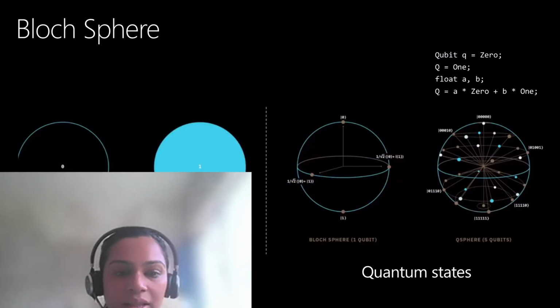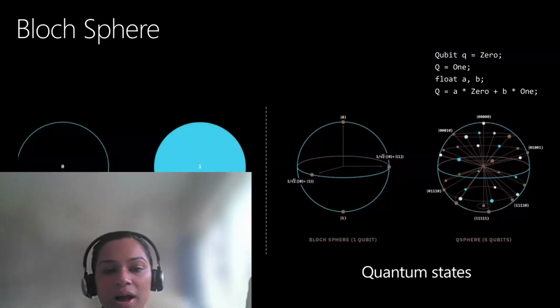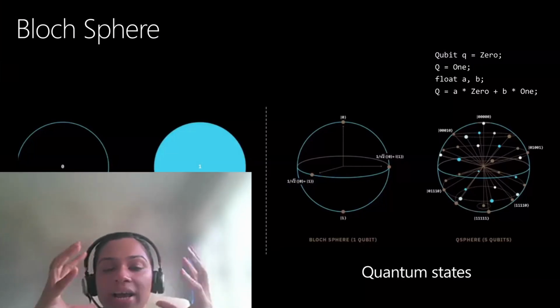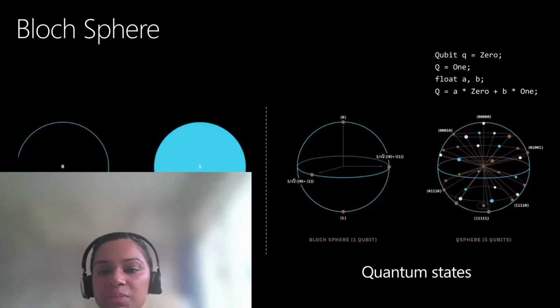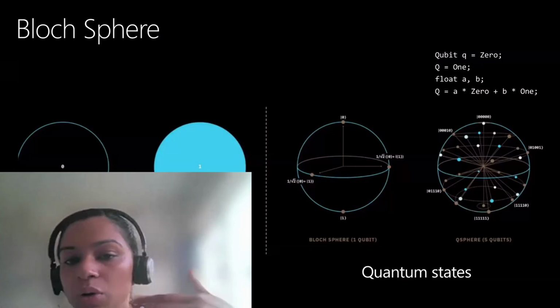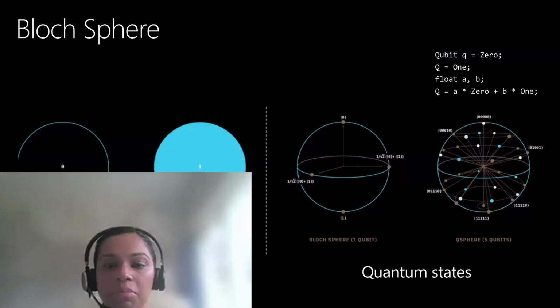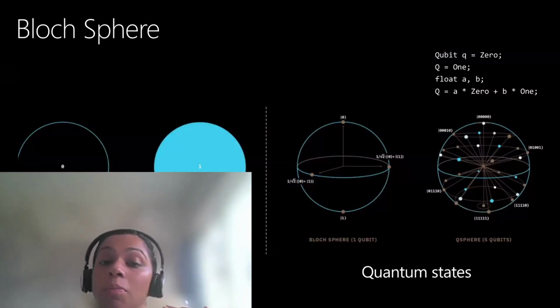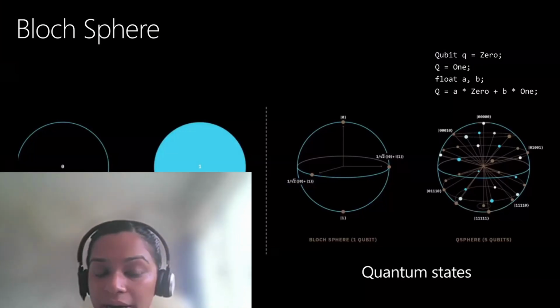So in the classical world, you have, like I said, 0 and 1. In the quantum world, we depict this in the Bloch sphere. A sphere is 3D, so it's called the Bloch sphere, and you can actually envision these states on the sphere and inside the sphere. There's a concept of pure and mixed states, right? We are not going to go into a lot of detail on pure and mixed states, but it's a 3D world, and it is also quite embedded in the complex number side of the mathematics.